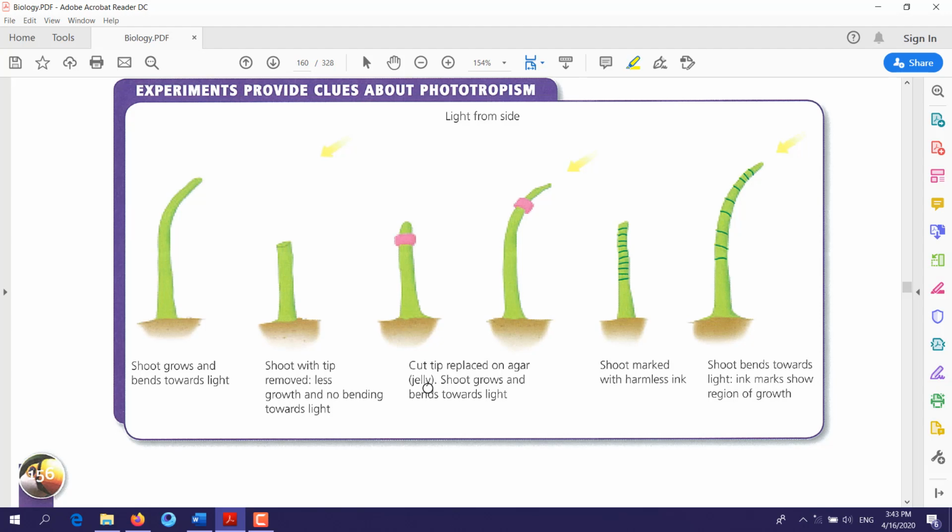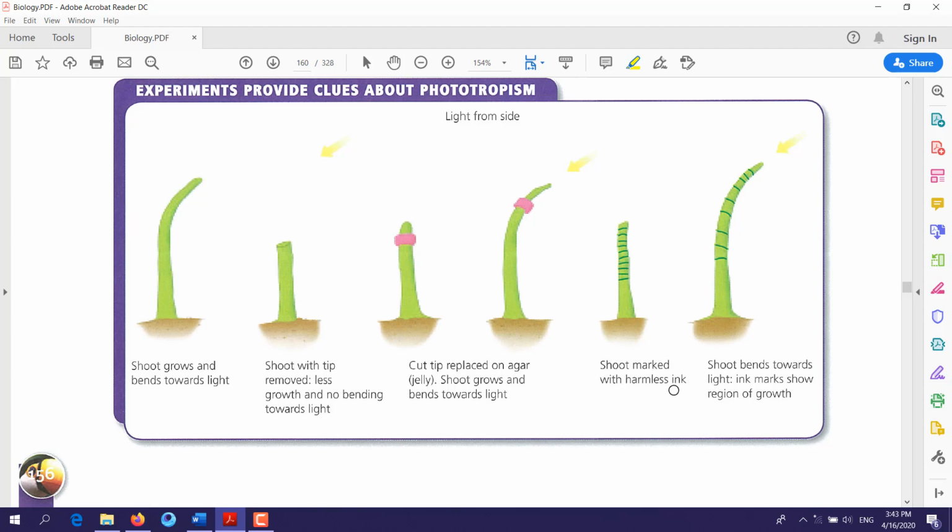It's a medium that has all the nutrients for the organism to grow. Here, what they did: cut the tip, replaced on agar, and the shoot grows and bends toward light. They put the tip again and saw it started growing again and also bending to the light.